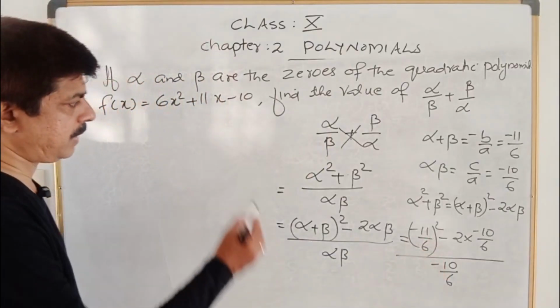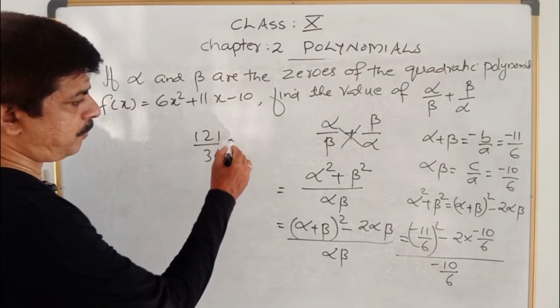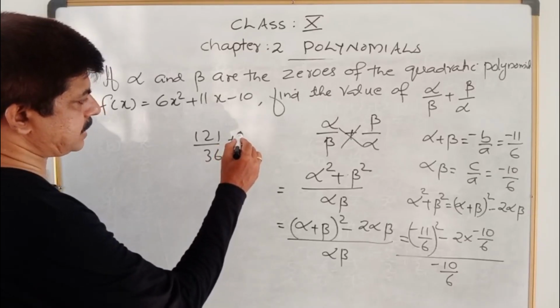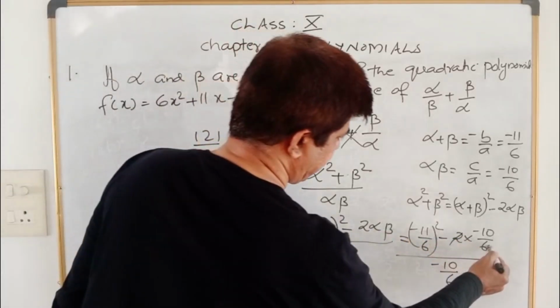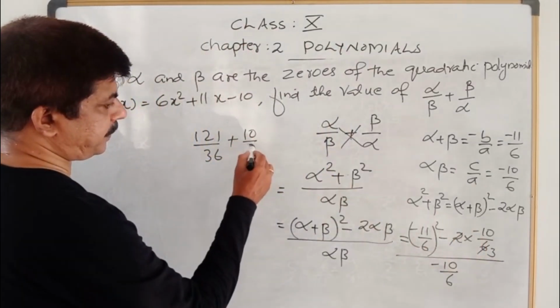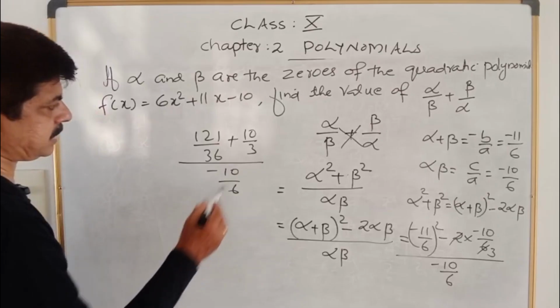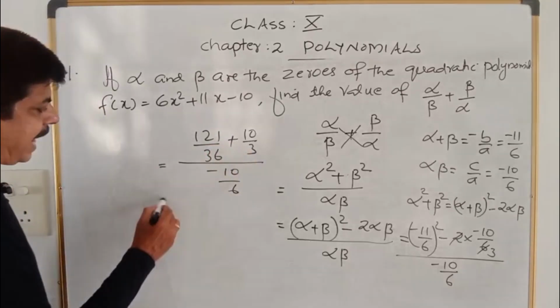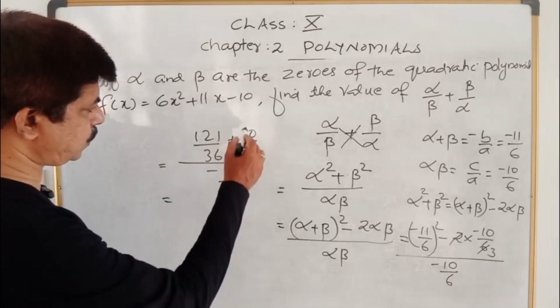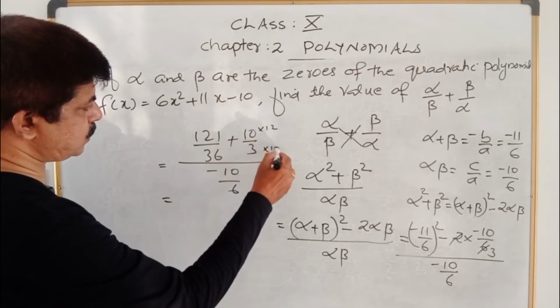What is the square of 11? 121 by 36, and negative and negative become positive, plus 20 by 6, or we can cancel here, 10 by 3, divided by negative 10 by 6. To add these two rational numbers, we need to take the LCM. That is 36. We multiply by 12 here.